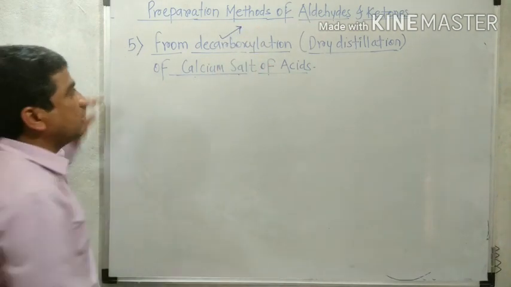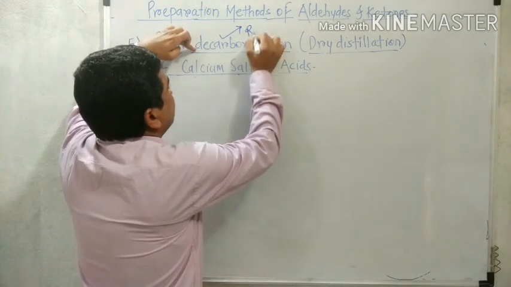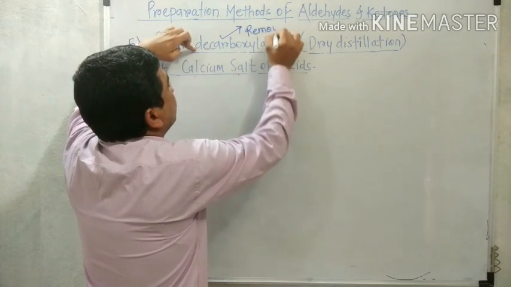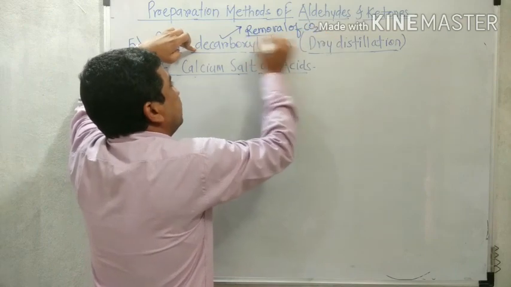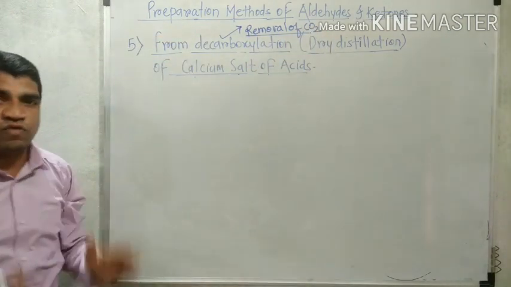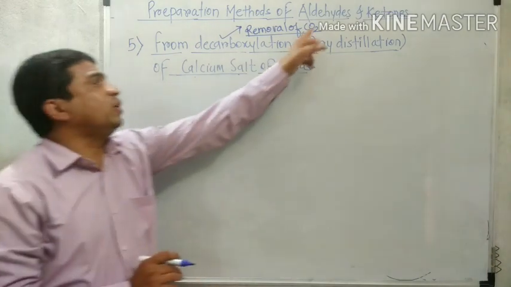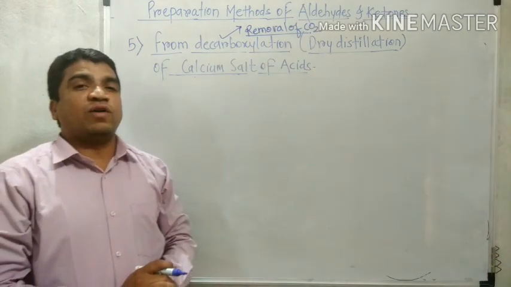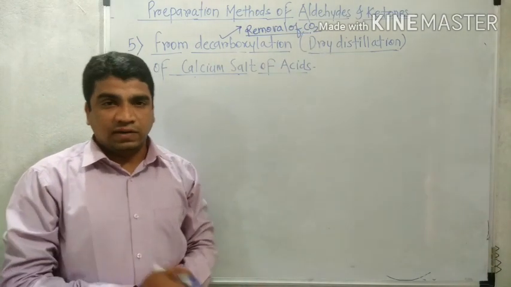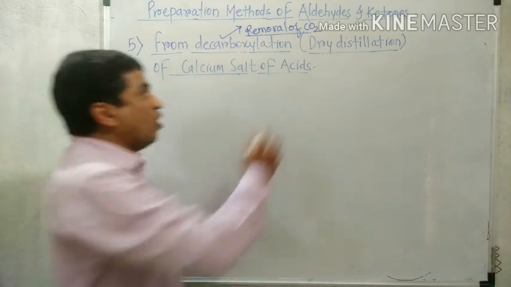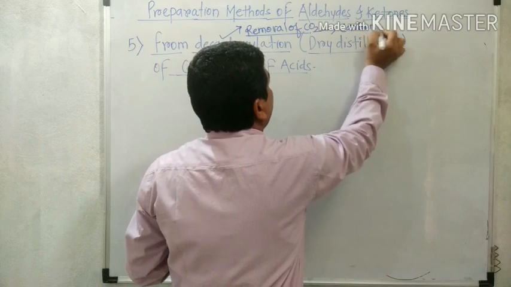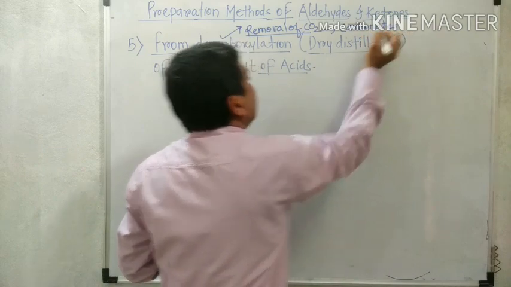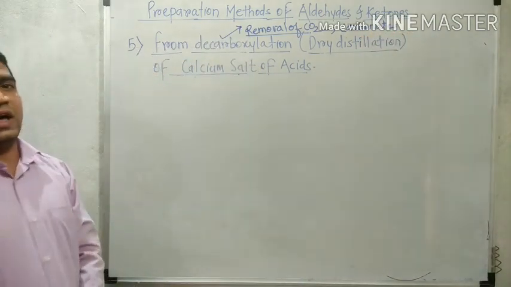First of all, decarboxylation means removal of CO2. It is the reaction in which the removal of carbon dioxide takes place either directly as gas or in the form of carbonates.